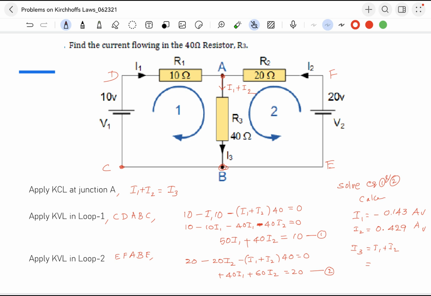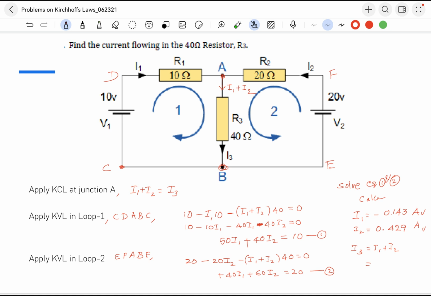Use the calculator. Minus 0.143, then plus 0.429.